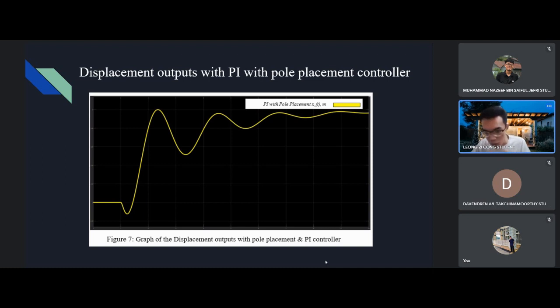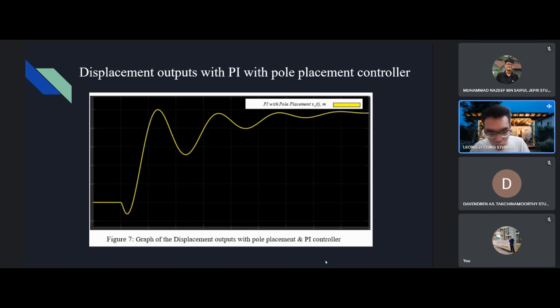However, we can see that at its final values, whatever the input is, 1, 2, 3, 4, eventually the values are the same as the output, so PI with pole placement controller successfully solves the steady state error problem.